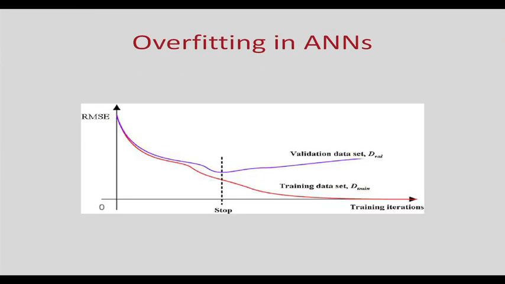Now, in neural networks, like other machine learning algorithms, overfitting can occur, and this overfitting is illustrated by this diagram. On the x-axis we have the number of iterations, and on the y-axis we have root mean square error.